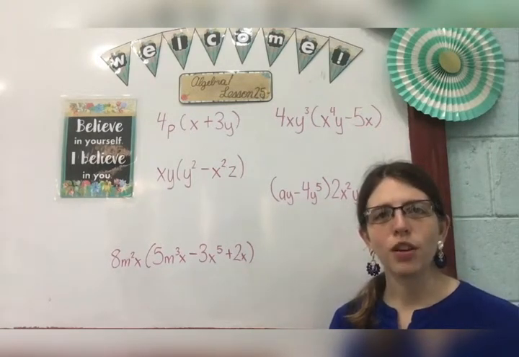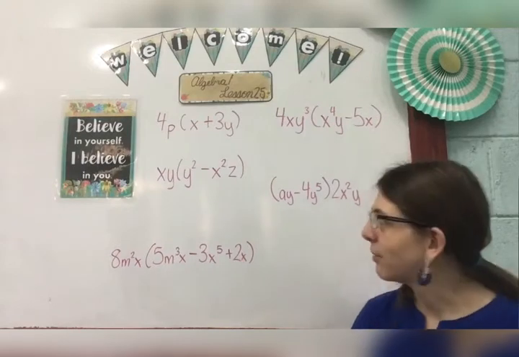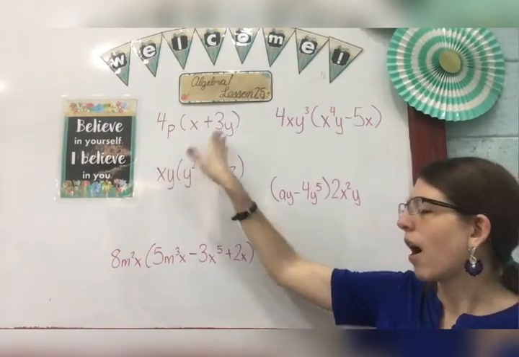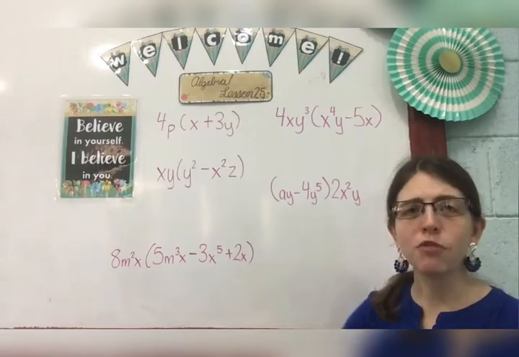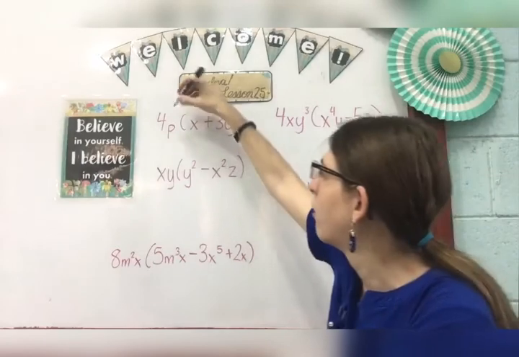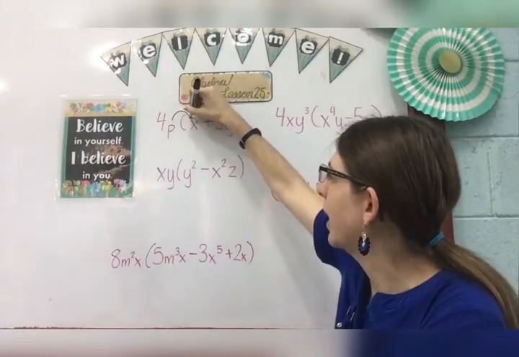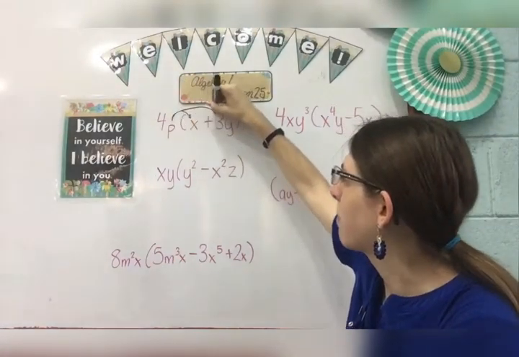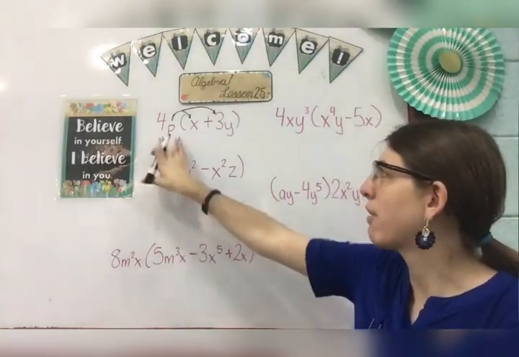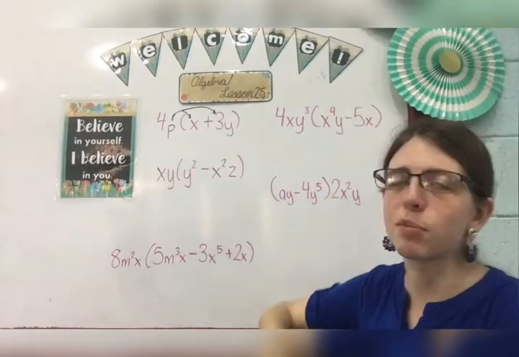So remember, the distributive property looks something like this. If I have 4p times x plus 3y, to use the distributive property to simplify, that means that I have to multiply 4p first by x, and then by a positive 3y. And that distributes my 4p to each part of the parentheses.